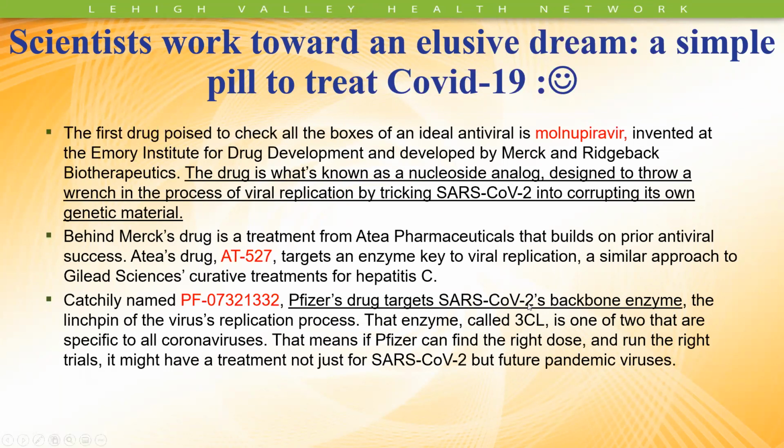So there may be in the future, and this was talked about, maybe the end of this year or early 2022, a treatment for COVID, just like we have Tamiflu for seasonal flu.